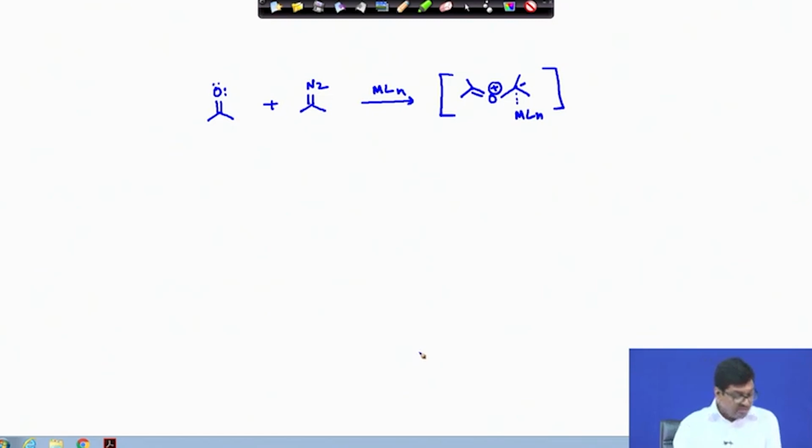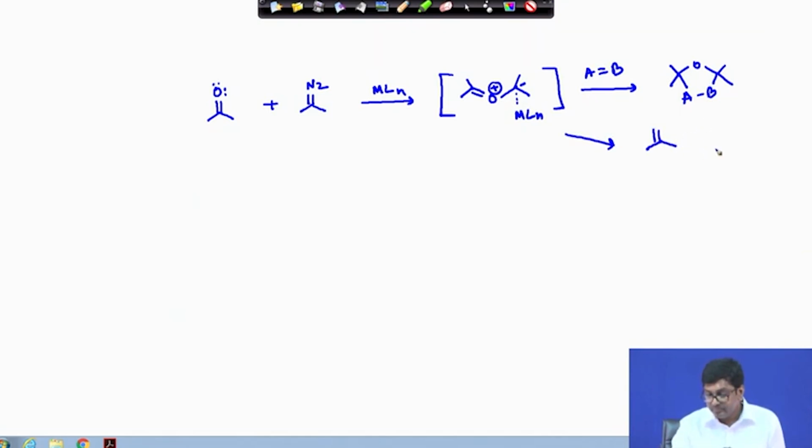Now, once it forms, this ylide can react in different ways. For example, if there is any double bond, this can give the cycloaddition, giving this type of product, or it can give this type of product.